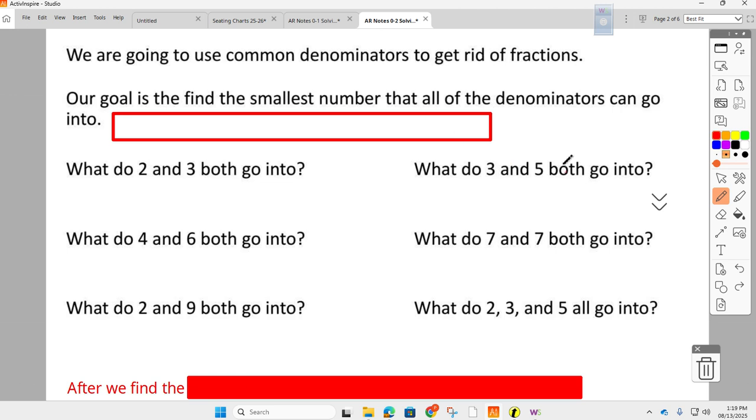So to get rid of fractions, we need a strategy. Our strategy is to find the smallest number that all the denominators can go into. Right? The smallest number that they all can go into. And that's going to also be known as the least common multiple.